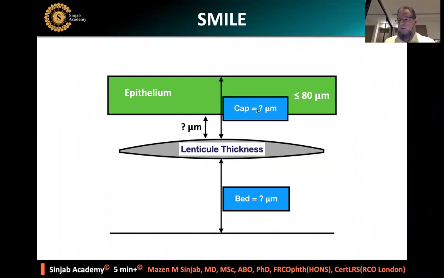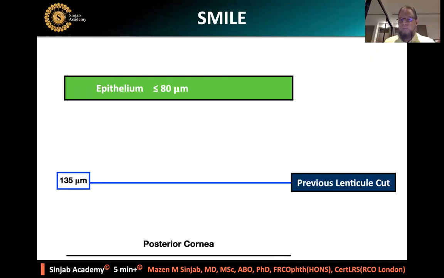So the recommended cap thickness is at least 135 in order to leave a sufficient amount for a new cut in the future, or at least 50 to 55 microns of stroma above the lenticule if we want to enhance by PRK. And regarding the bed, the lowest amount is 270, and preferably it should be 300 microns.